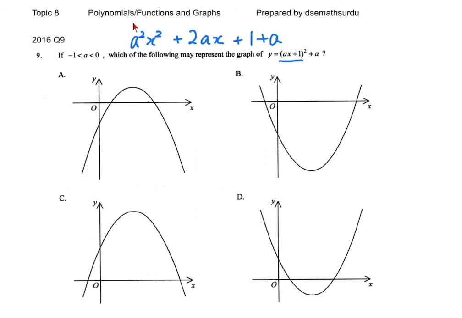The coefficient of x squared, the thing next to x squared, determines if it's happy or unhappy. So it's a squared. No matter what the value of a is, after squaring it will be positive. You can use a calculator.